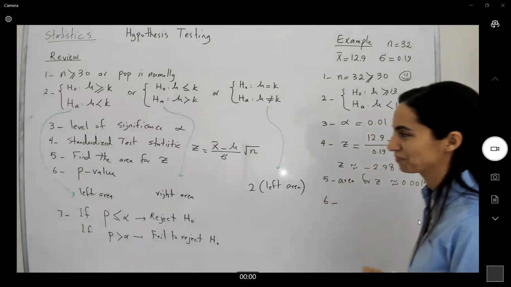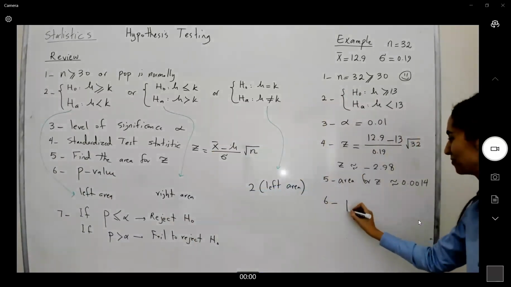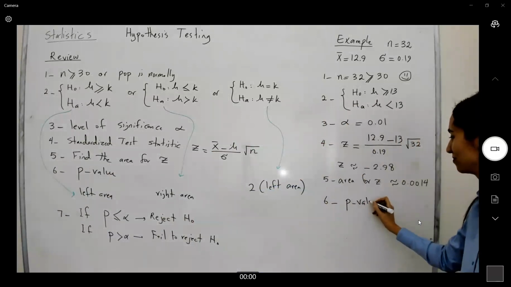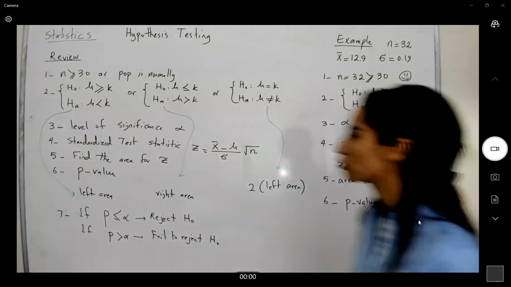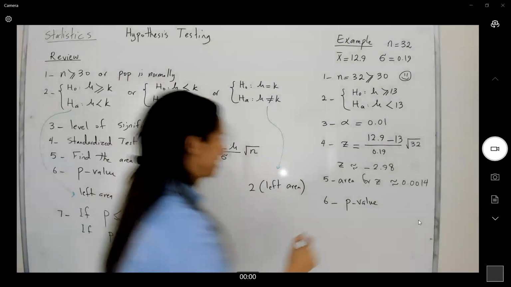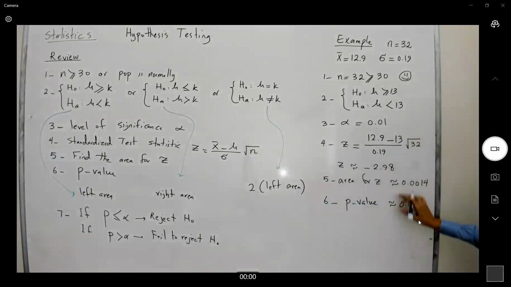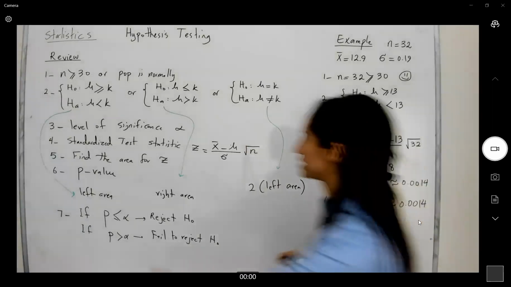Step 6. What is the p-value? This is your first case. The p-value is the same as your left area, 0.0014. The same, because this is your first case.